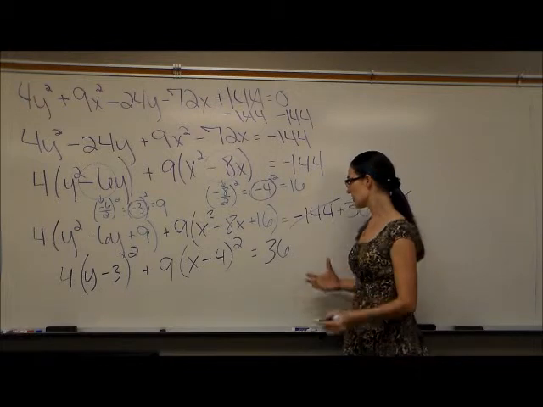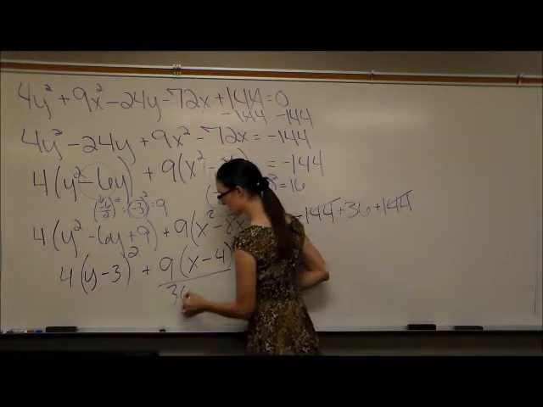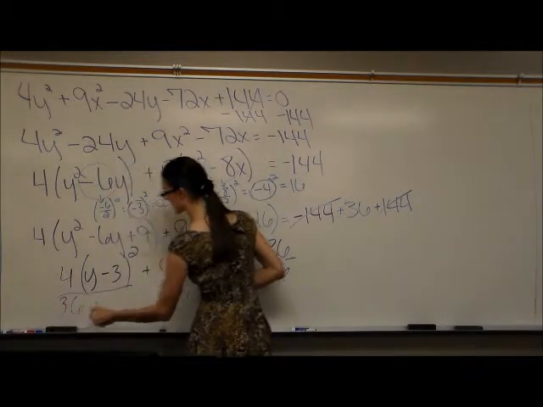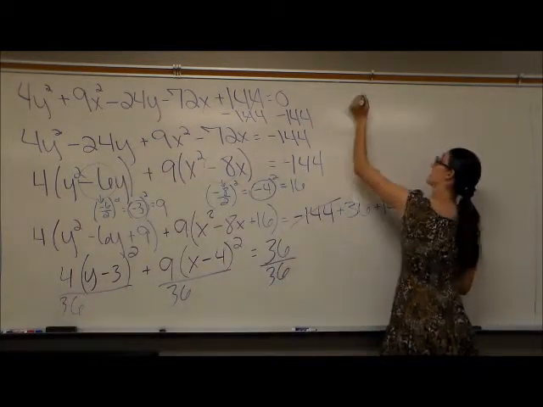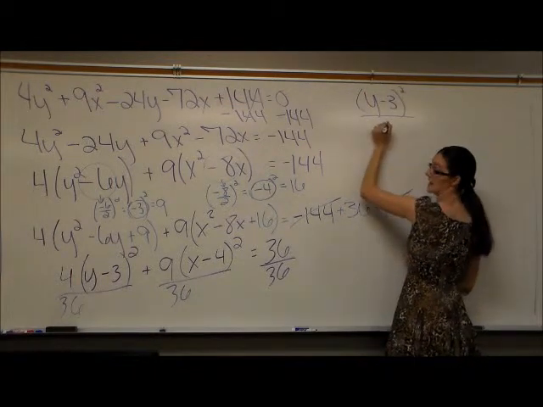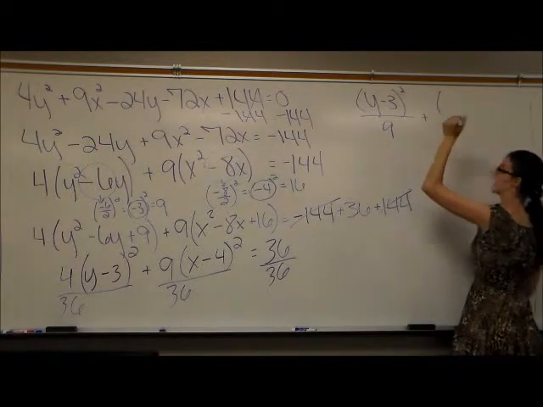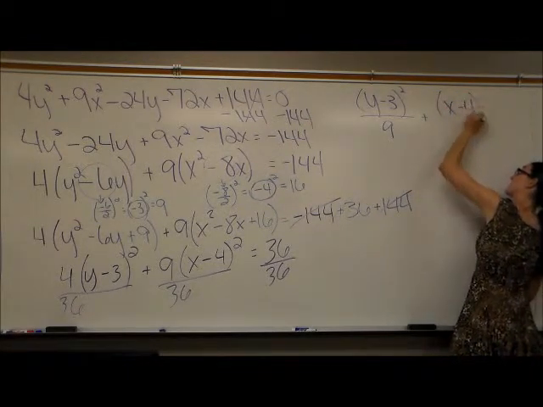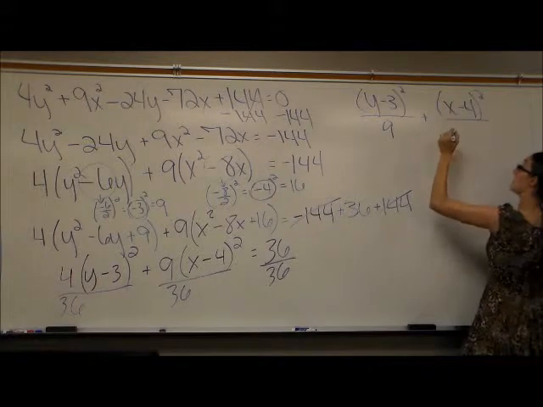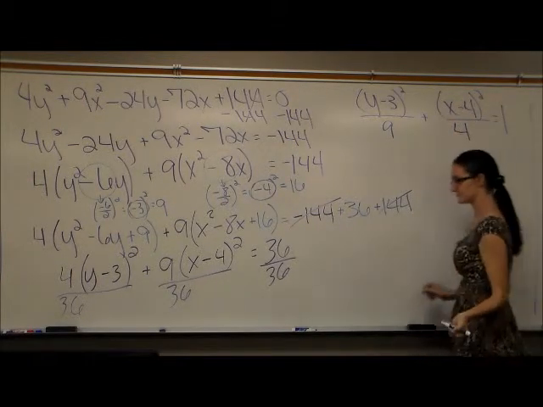You know your ellipses are always equal to 1, so divide 36, divide 36, divide 36. Should cancel out, leaving you y minus 3 squared over 9 plus x minus 4 squared over 4 equals 1.